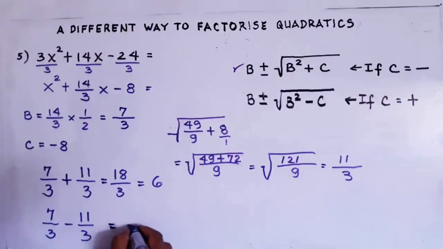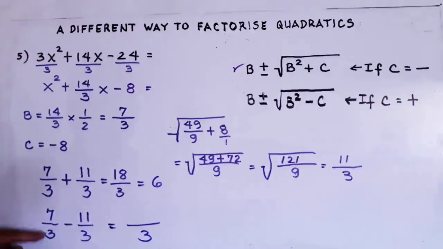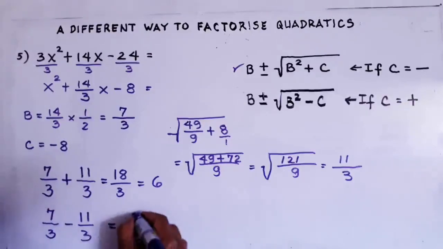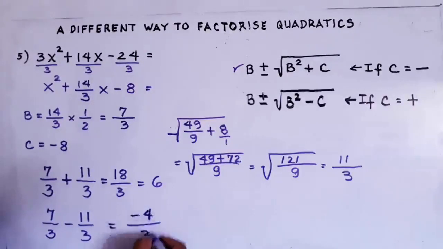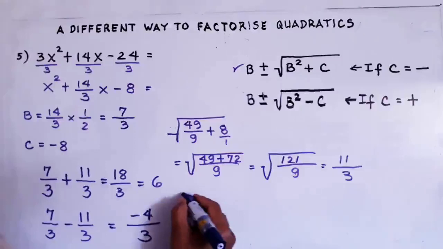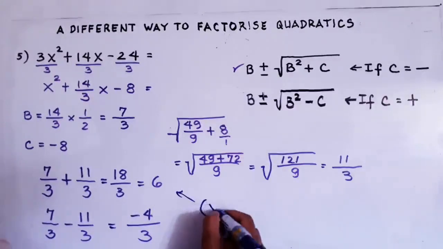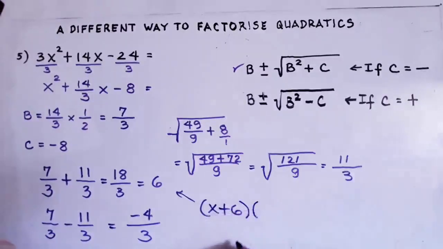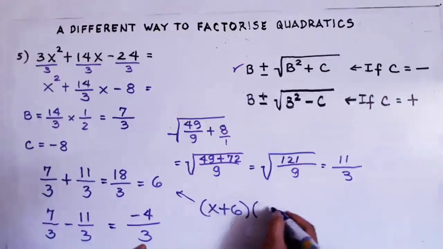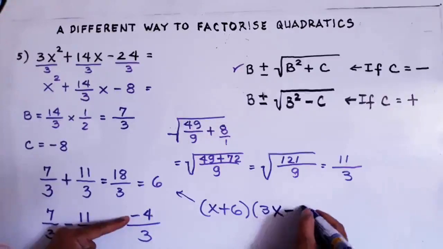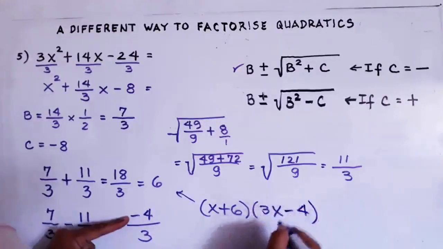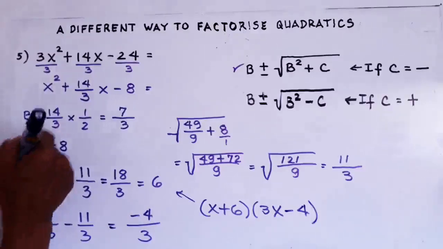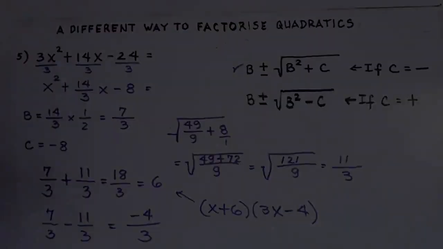So we have 3 here, and 7 minus 11 is negative 4. So the first one will be x plus 6. And the second one is 3, because this was the denominator, we put it up again. So it's 3x minus 4. And that is our answer for the factors of number 5.